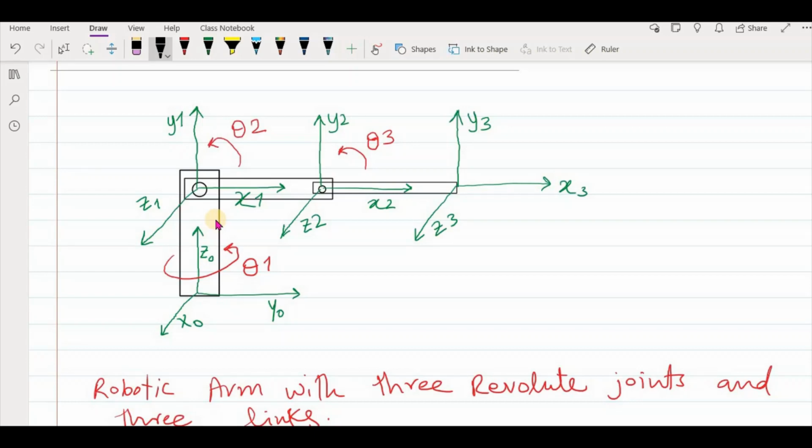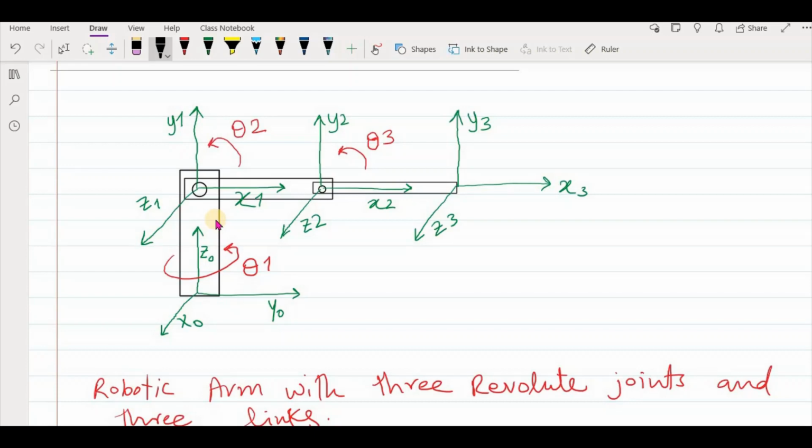Then with the end point, we have assigned one more frame. Okay, you can assign it or you can also ignore it. It depends upon the requirement. If it's asked that you have to find the position and orientation of your end effector, then I think it's important to assign.